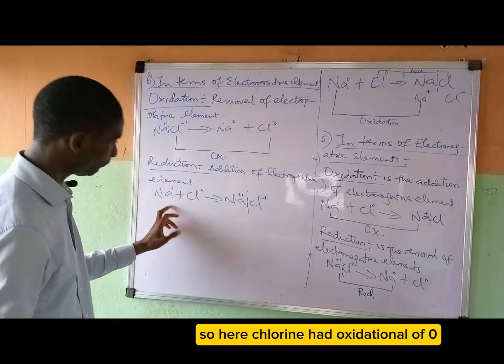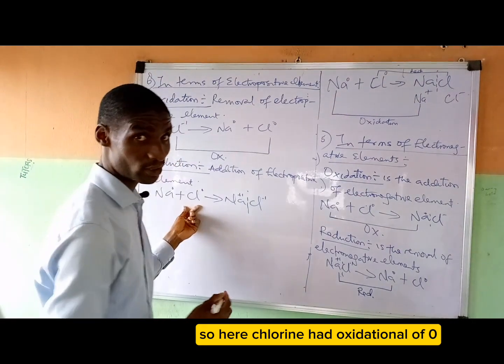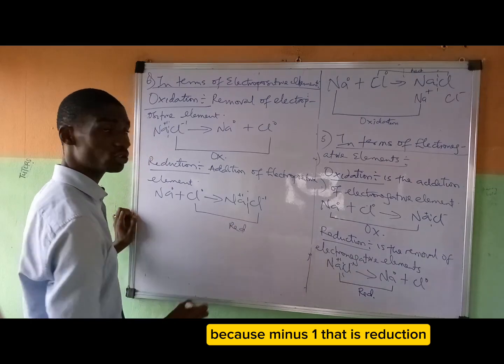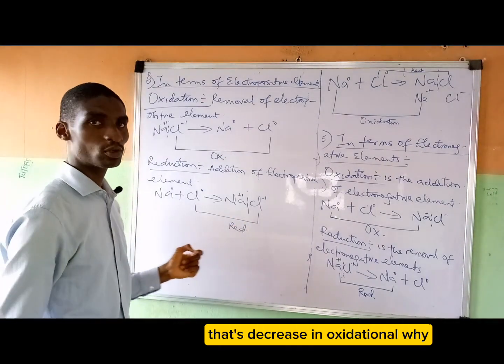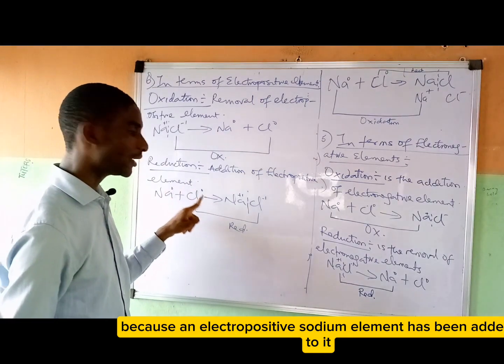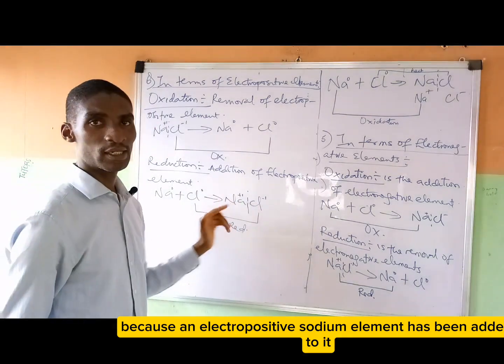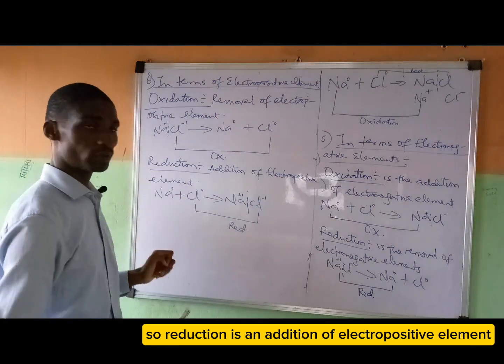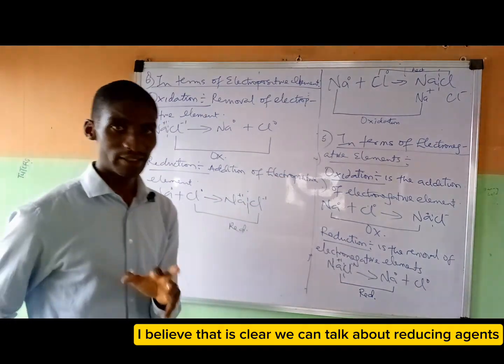So here, chlorine had oxidation number of 0. But by the time it gets here, it becomes -1. That is reduction, that's decrease in oxidation number. Why? Because an electropositive sodium element has been added to it. So reduction is addition of electropositive element. I believe that is clear.